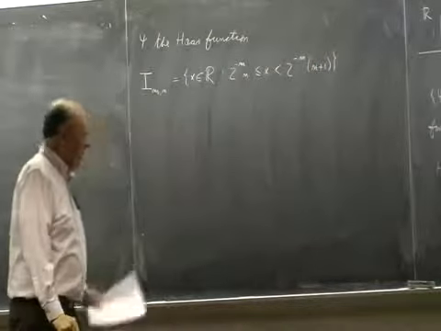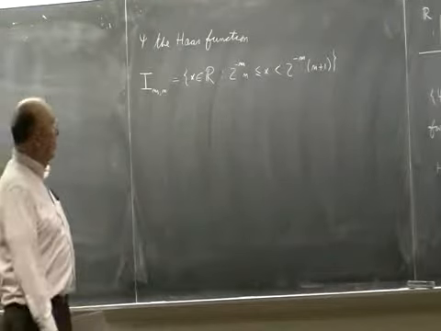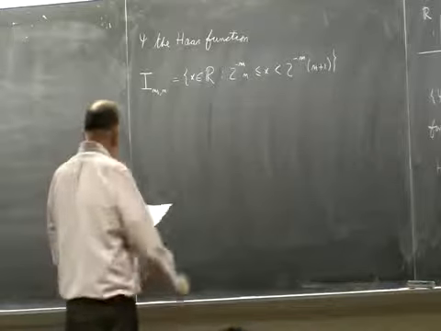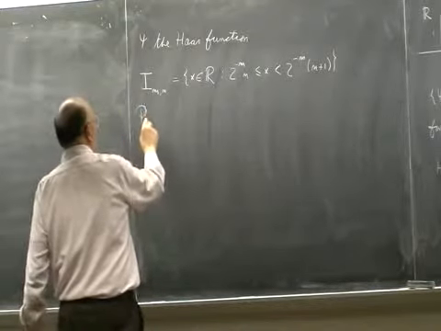Okay. And the first property of these sets is a nesting property. It's the following. Proposition.